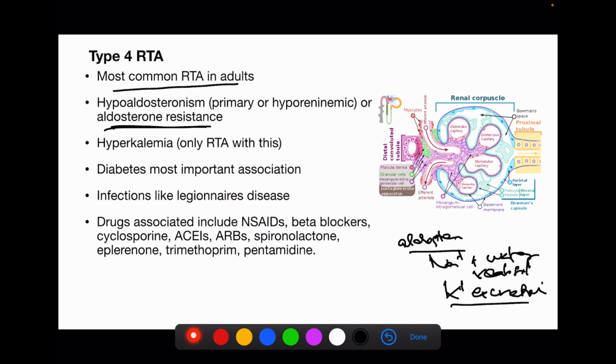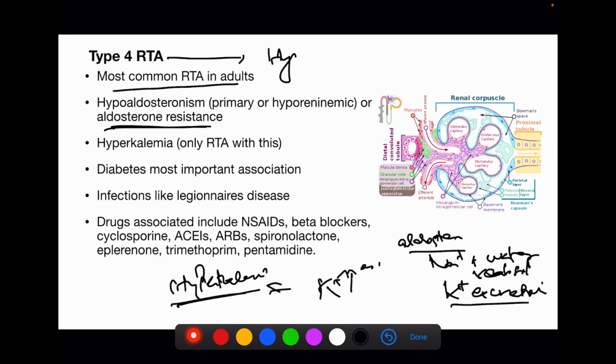So when there is hypoaldosteronism, potassium cannot be excreted, so potassium level increases. This causes hyperkalemia. So the only renal tubular acidosis which is associated with hyperkalemia is type 4 RTA.